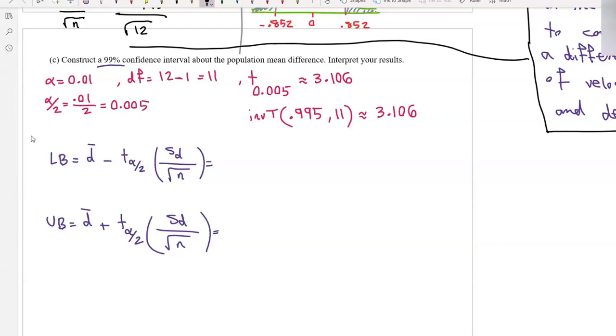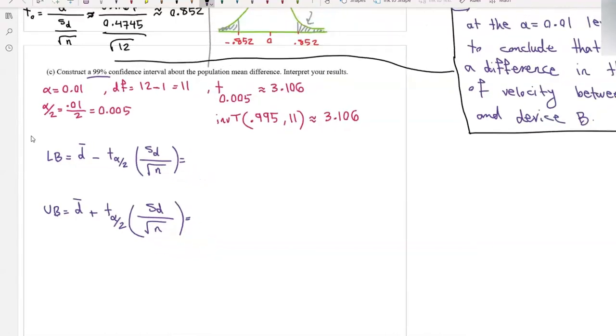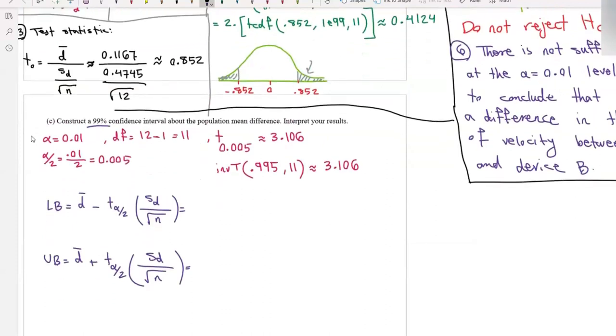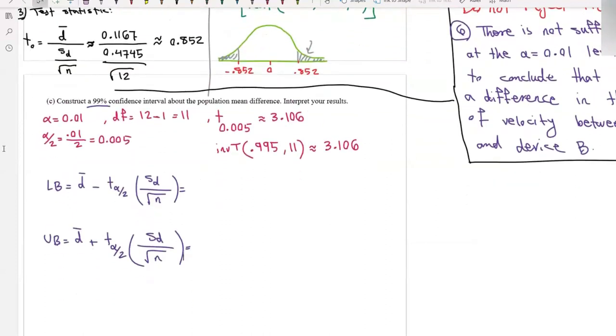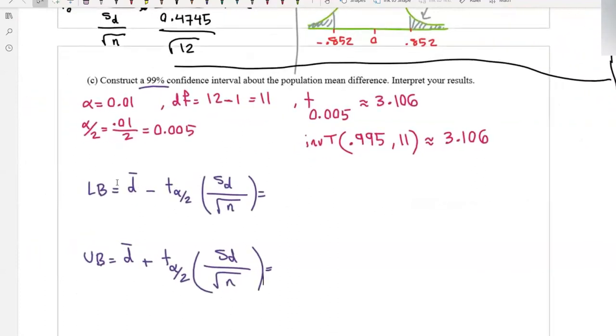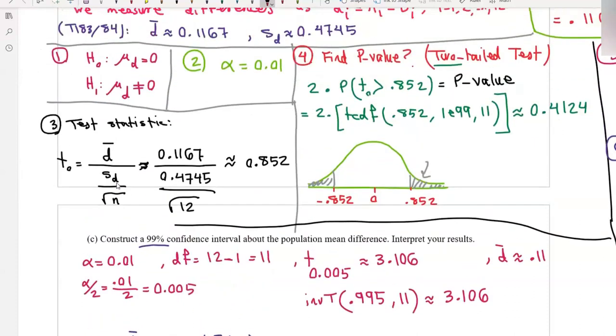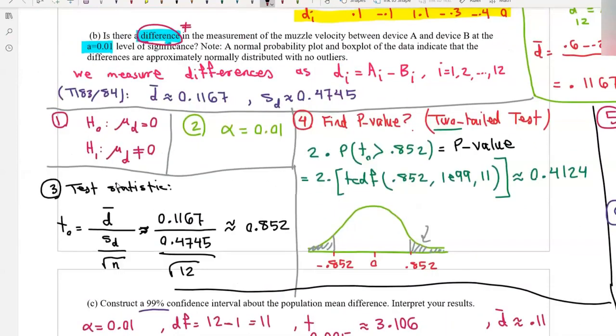Okay, so d bar we got, where's d bar? Okay, I didn't write it down here. Let's write what we got for d bar on the calculator. Oh, it's here.